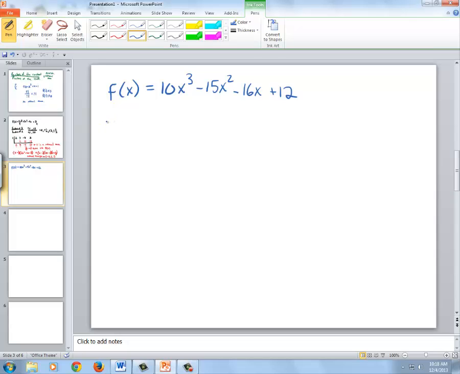What we can use is our graphing calculator device, our GDC, to estimate possible rational zeros.